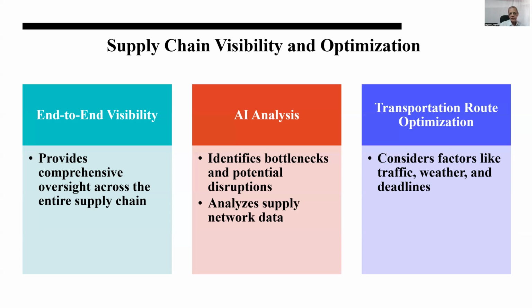The third, which I want to consider, the most important challenge, is supply chain visibility and optimization. You need end-to-end visibility about your product, batch, and their movement, and how they are linked with your orders. So artificial intelligence capturing the data will provide comprehensive oversight across the entire supply chain.